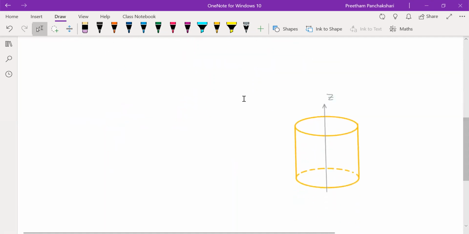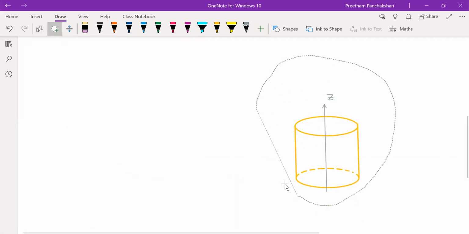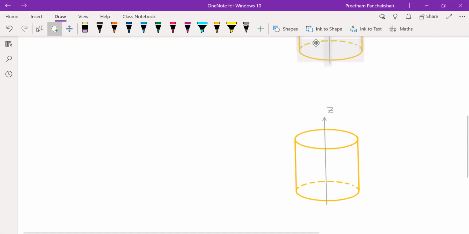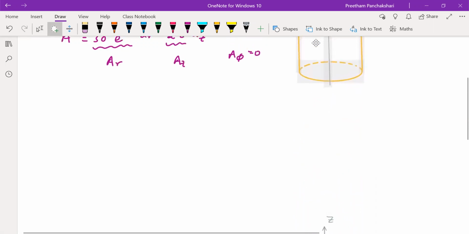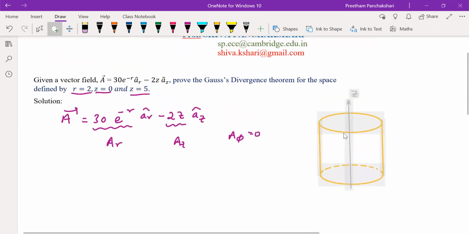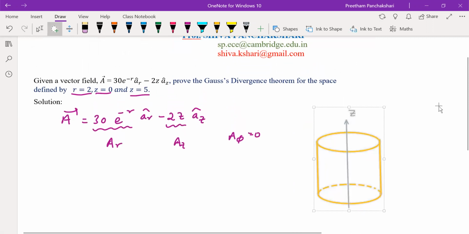I have a cylinder here. Let us put in all the values given in the problem.